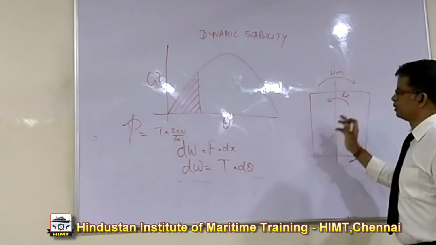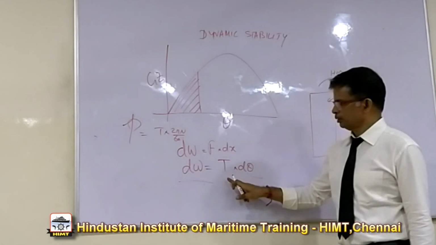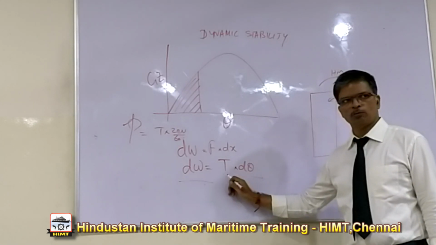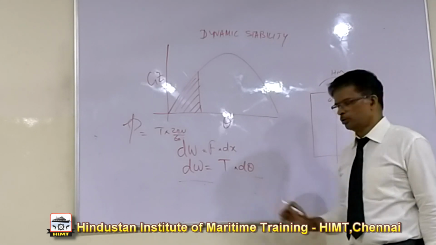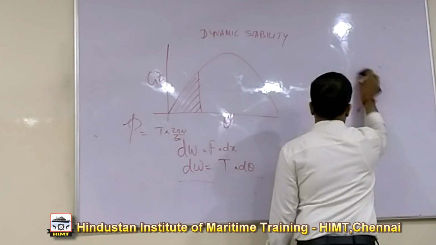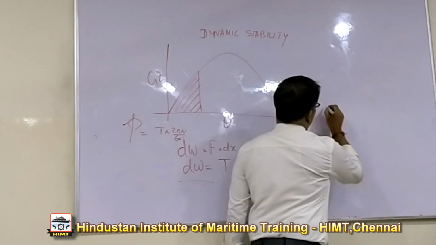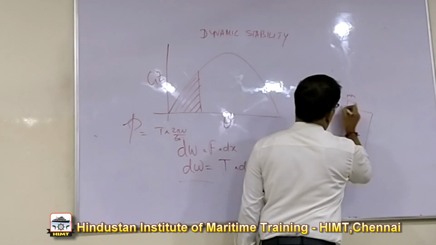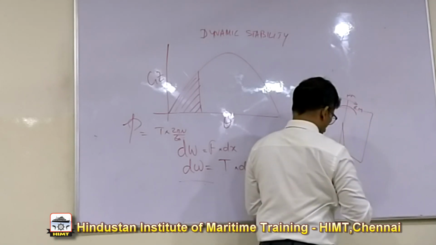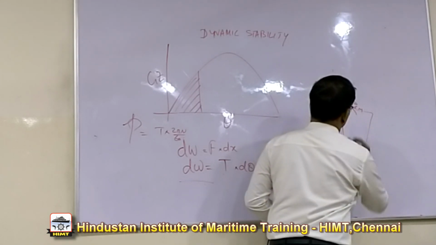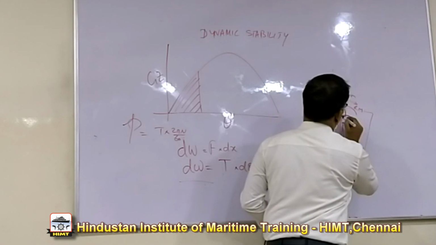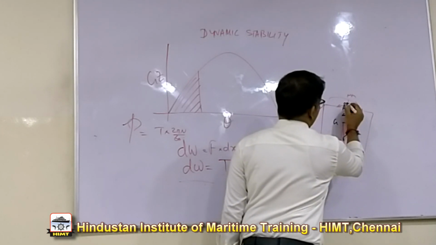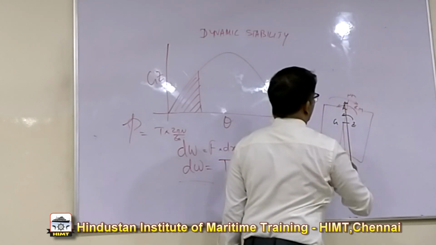So the work done principle is, small work is torque into d theta, or the moment of the force into d theta. The way it will compose the ship is a heeling moment opposed by a righting moment, and a small angle d theta, the inclination which happened. So what is the work done?